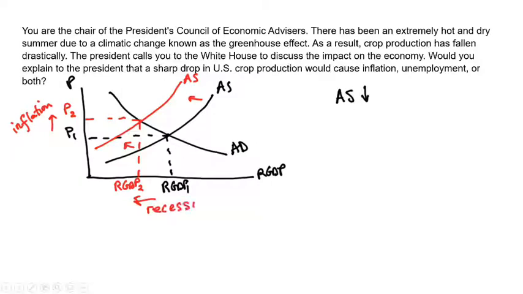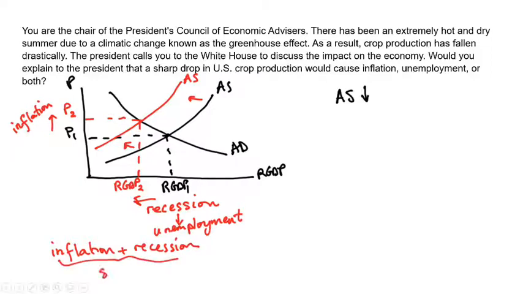So we have a recession. And because of the recession, of course, we have unemployment. Due to the unemployment, firms will lay off workers. What kind of problems do we have here? We have inflation plus recession. Together, it's called stagflation.